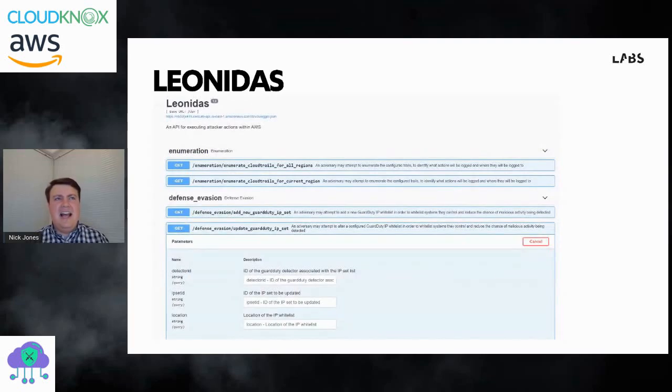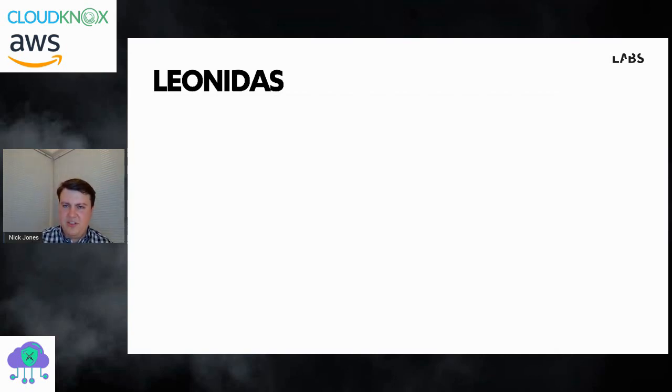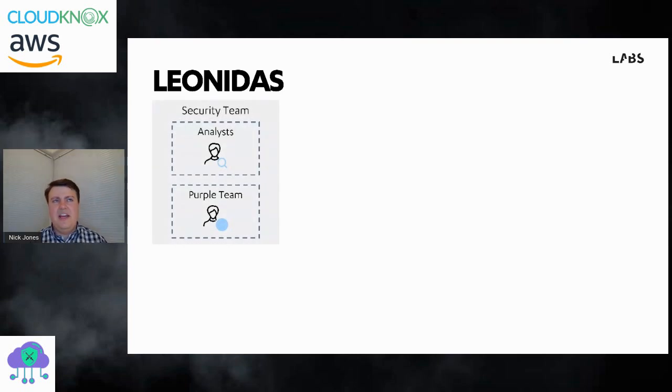Leonidas is essentially a web API where we have a variety of different attack definitions defined within it, and each API endpoint is a test case you can execute. Under the hood, we took a slightly different approach to how a lot of these tools work, in that it's been designed to make it as easy as possible for you to share the ability to execute these test cases and to detect them between your team members internally and within the wider community too.